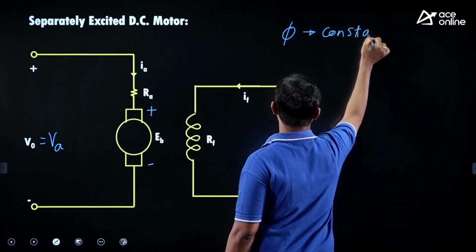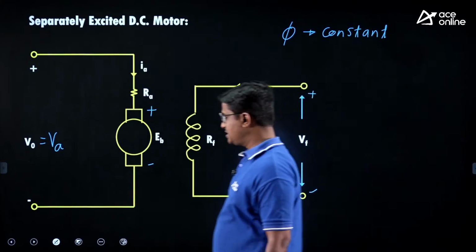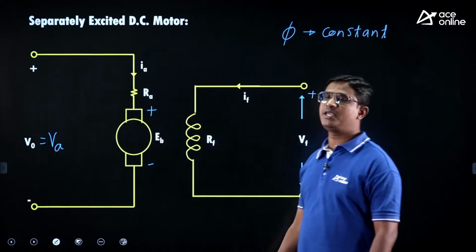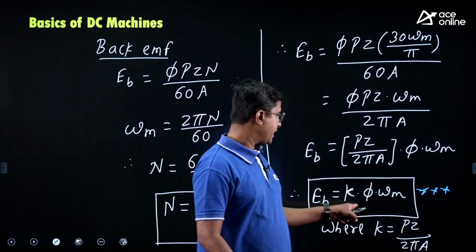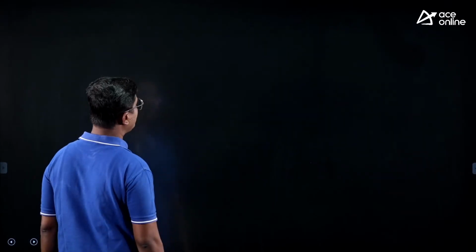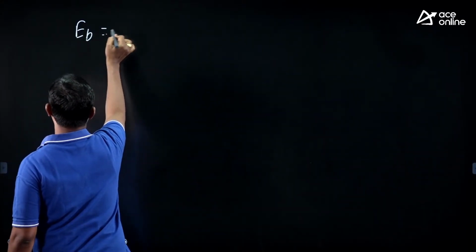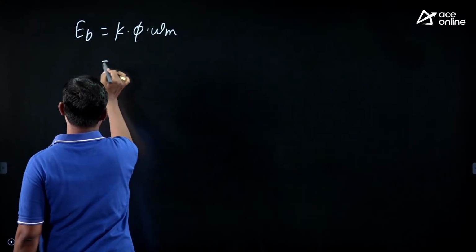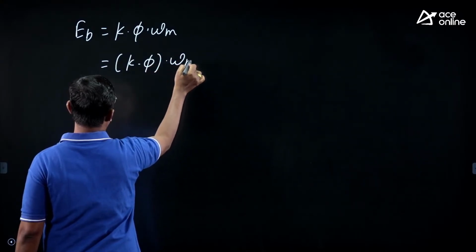Flux is a constant. Now for a separately excited DC motor, if flux is constant, what will be the expression for EB? Recall we have written EB equal to K into phi into omega m.